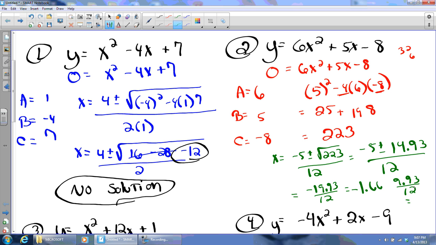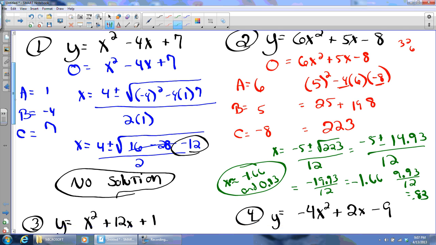And then if I do 9.93 divided by 12, I get about 0.83. So my two solutions here, I'm going to write them over here. X is approximately equal to negative 1.66 and 0.83.